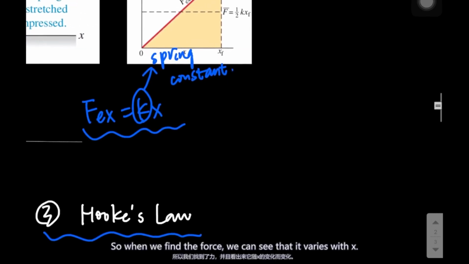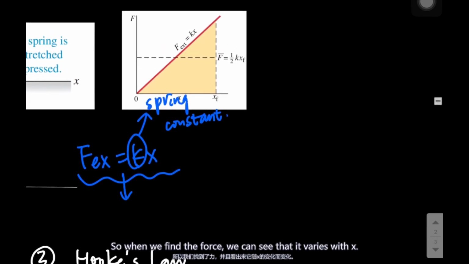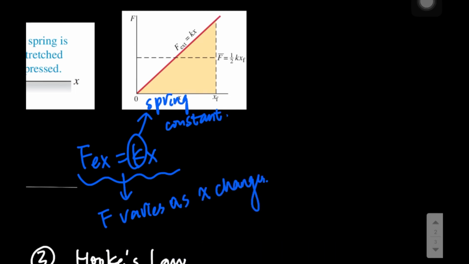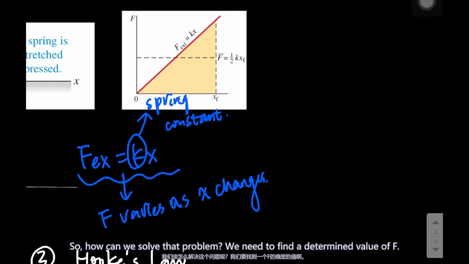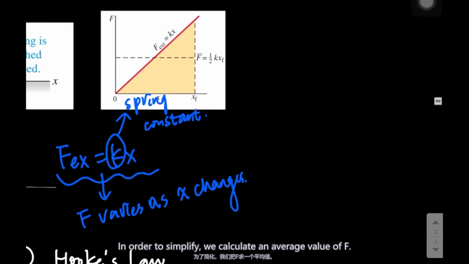Okay, so when we find the force, we can see through this equation that F varies as x changes, right? So how are we going to solve that problem? We need to find a determined F, right? So in order to simplify, we calculate an average value of F. This graph may help you to understand.